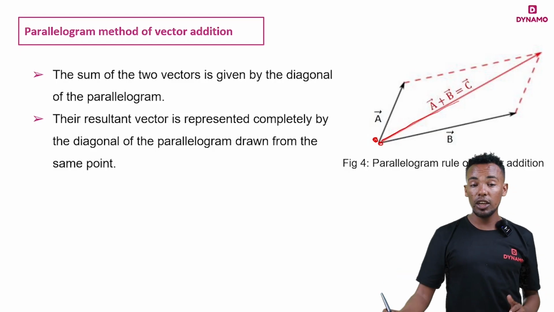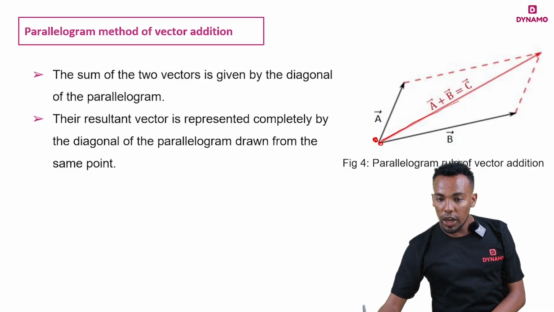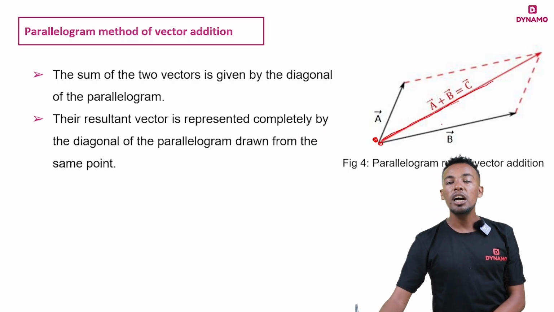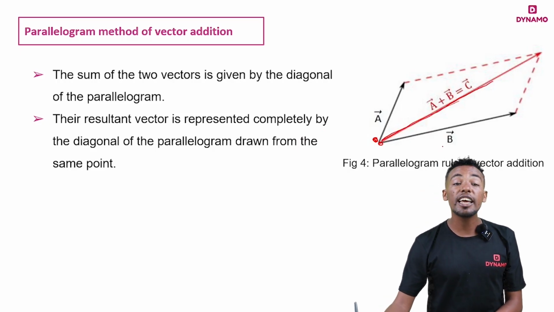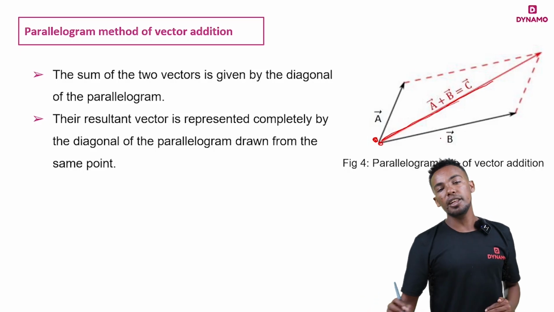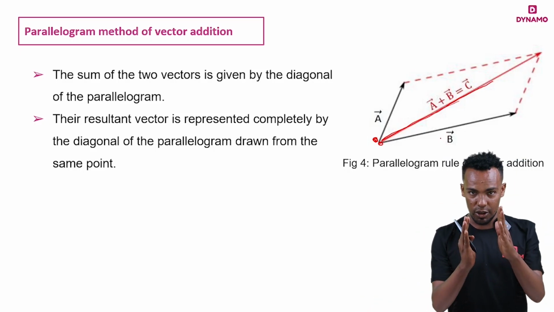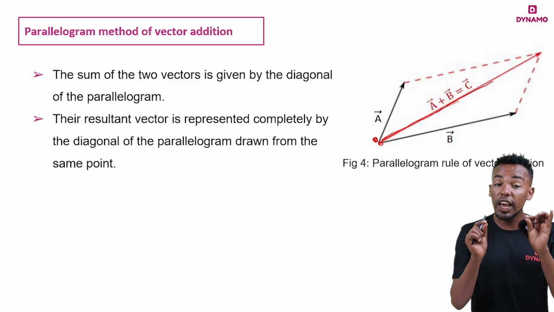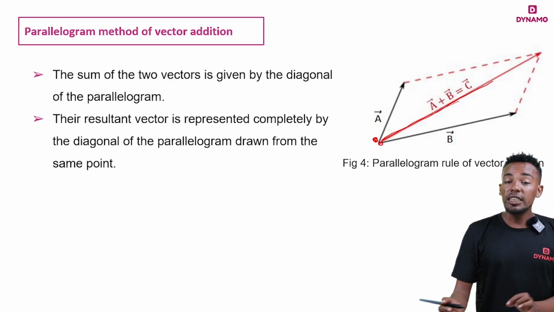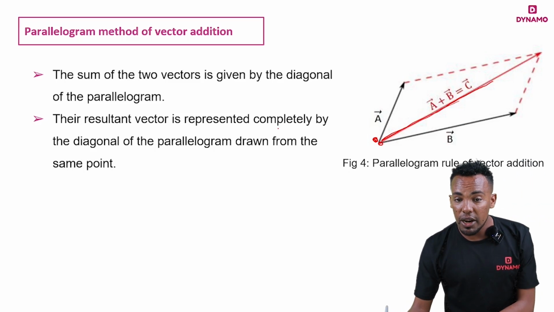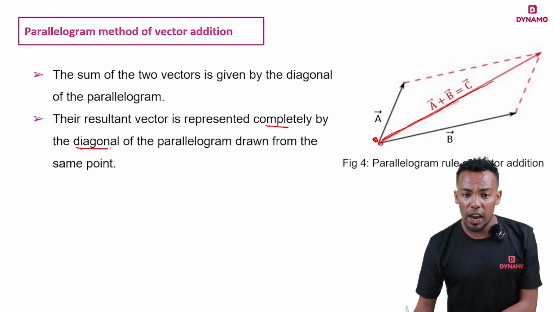The resultant vector of these two is represented completely by the diagonal of the parallelogram drawn from the same point.